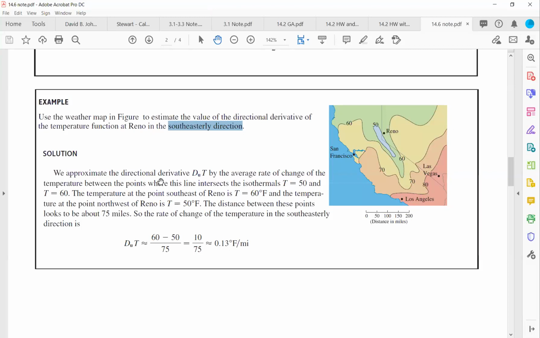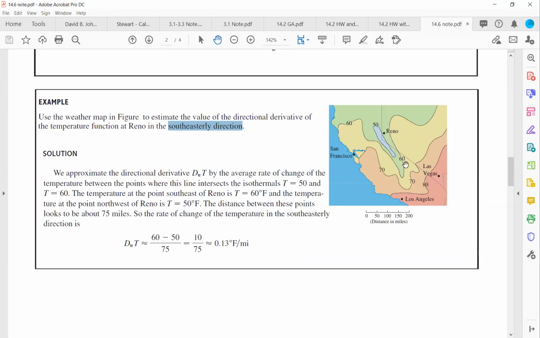How do we approximate the directional derivative? The directional derivative actually gives you the rate of change. In the temperature, you see two changes in the direction here between these two. We're not looking at the Las Vegas temperature. We're not looking at the Los Angeles temperature. We're not looking at the temperature around San Francisco.